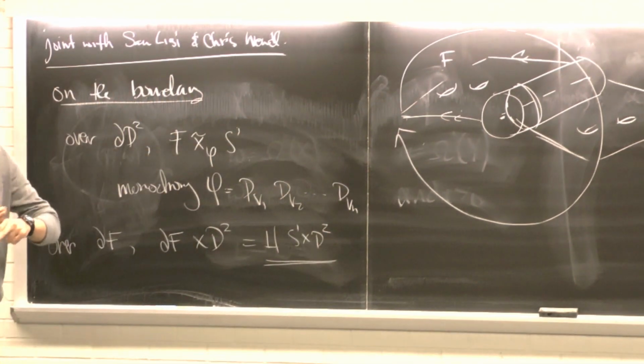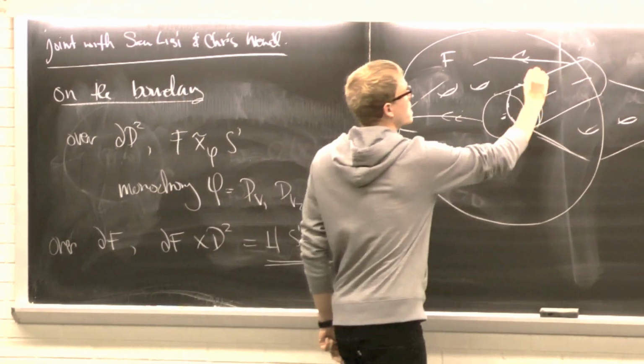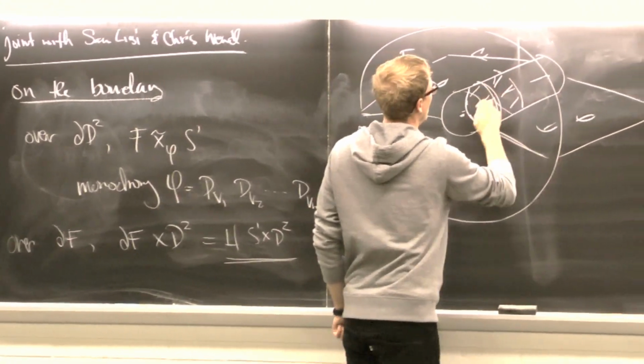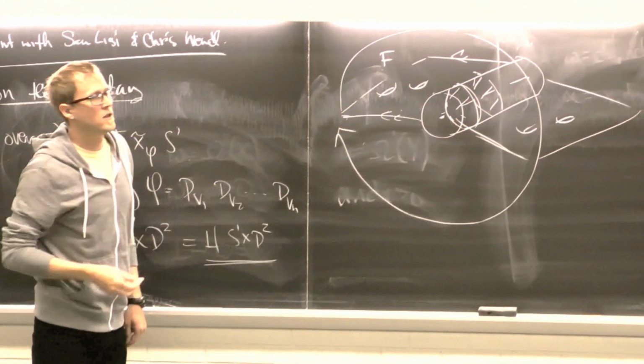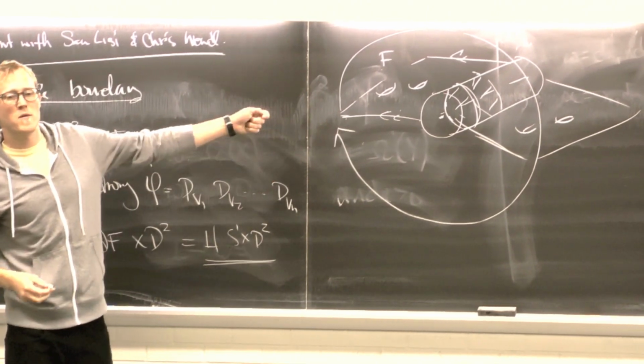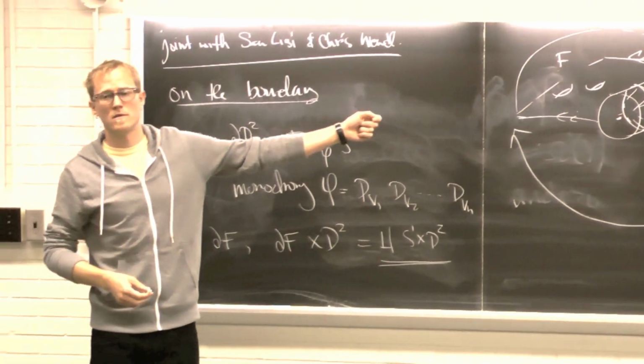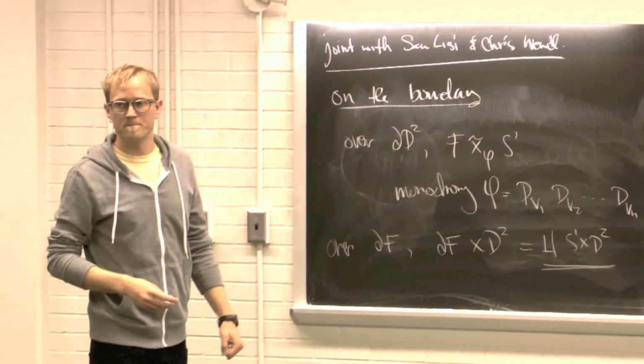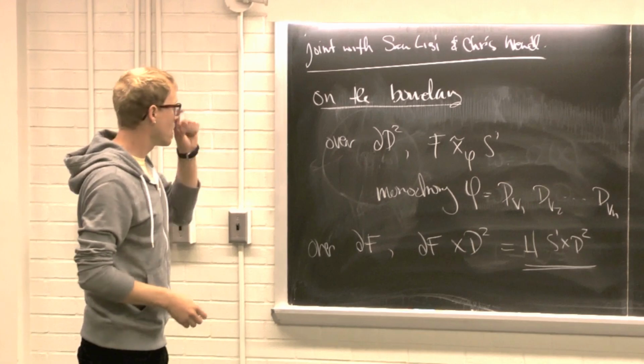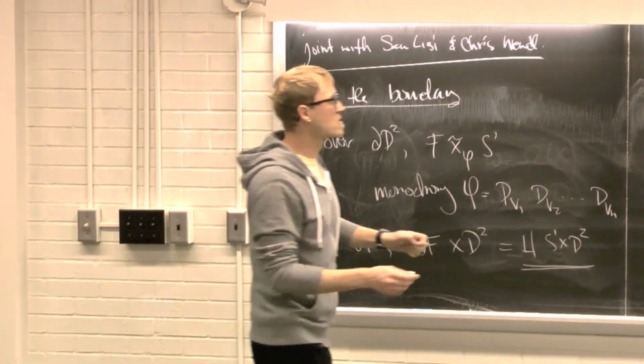These are glued orthogonally. So you've got a bunch of disks sitting in here, and you've got a bunch of fibers sitting out here. Outside we have a non-trivial return map. We've got the monodromy that's expressed by this, and inside we just have a product with the disk. Okay, so this is great.